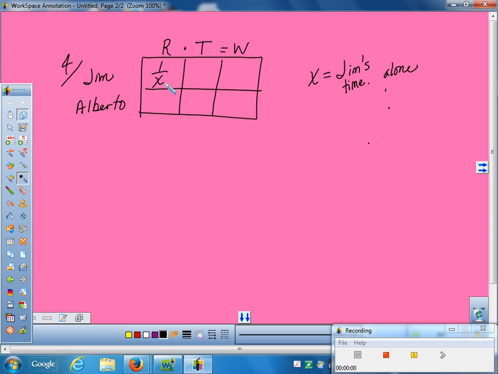And did we know Alberto works twice as fast? Okay, Alberto works twice as fast. So what do we need to double? If his rate is 1/X, Alberto's rate is 2/X. Are you wanting to double the bottom number or double the top number?